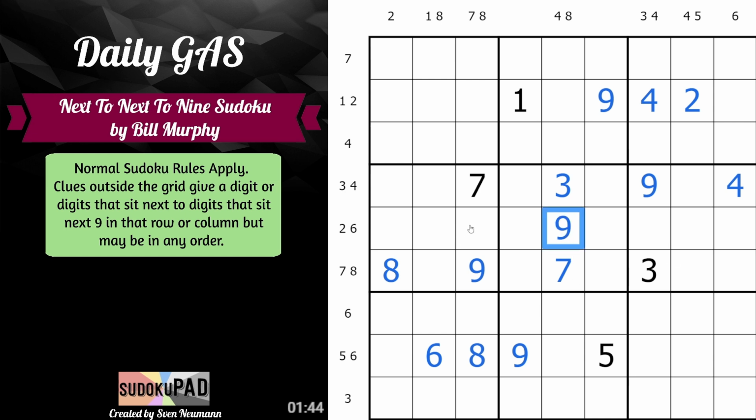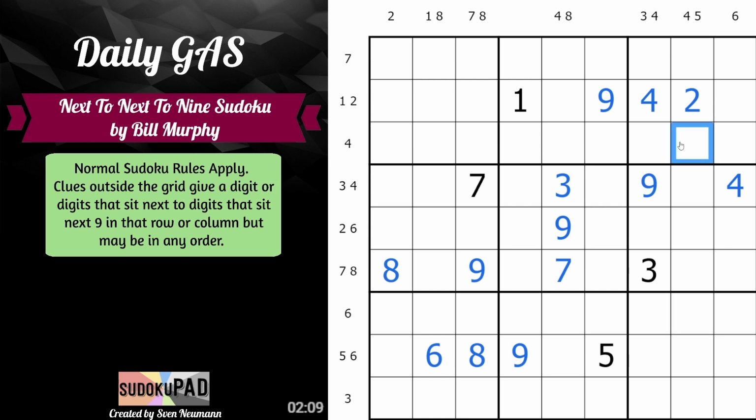Well, 9 is in the center here, so this will be a 2 6 pair. So 4 5 we know has to place 9 at least here, so you can have 4 and 5 on the outside of it, which means.